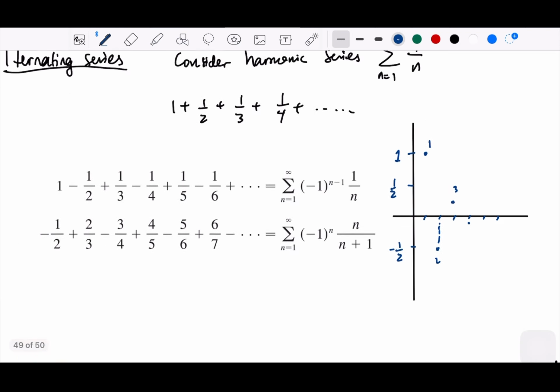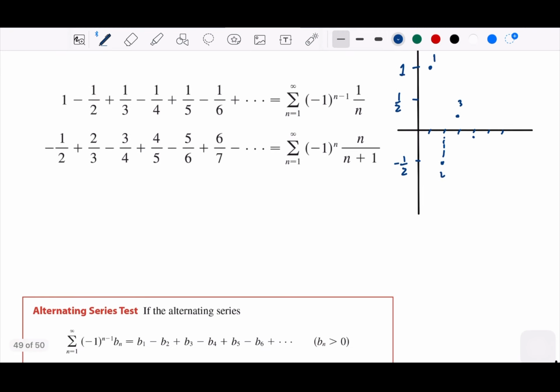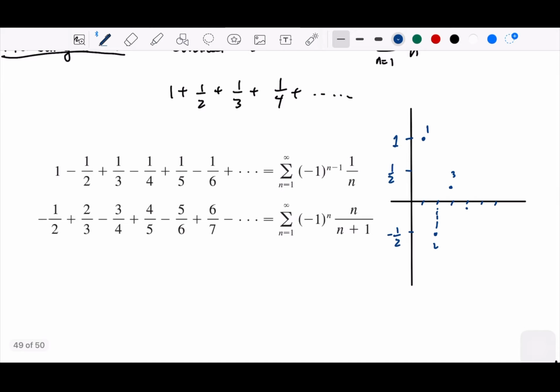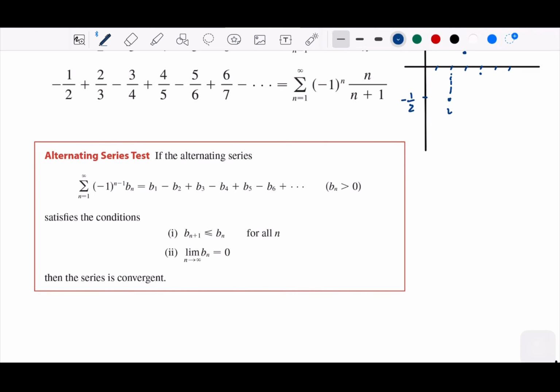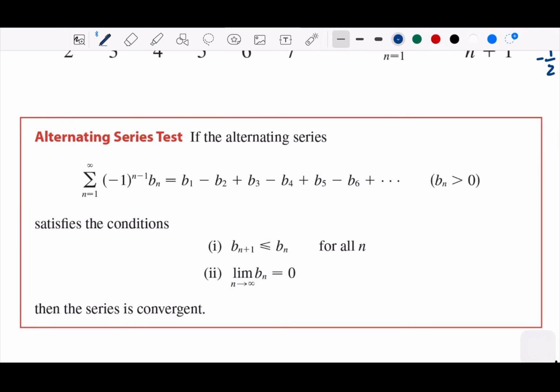Now we could think about making some summations. If we have this alternating series, and we know for sure that the terms are decreasing, that each term is less than or equal to the previous term, and the limit is equal to 0, as we see from the picture, then we can conclude that it is convergent.